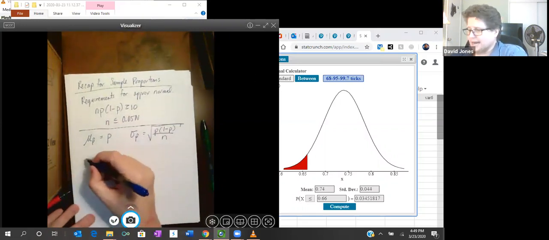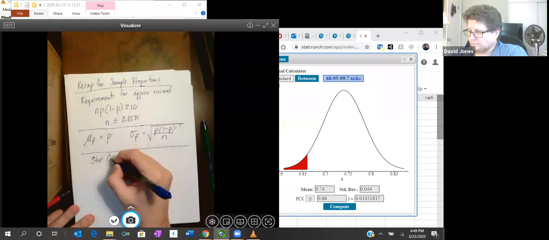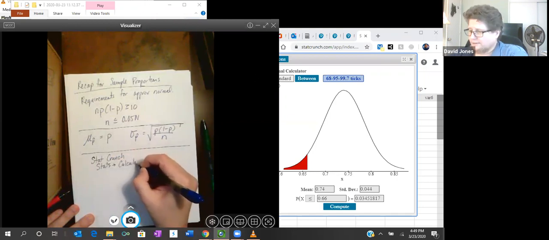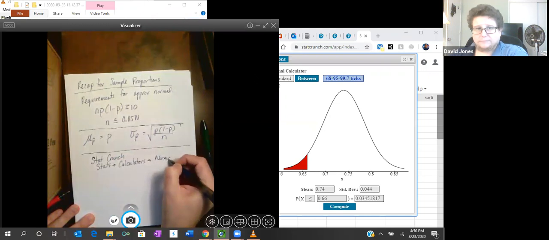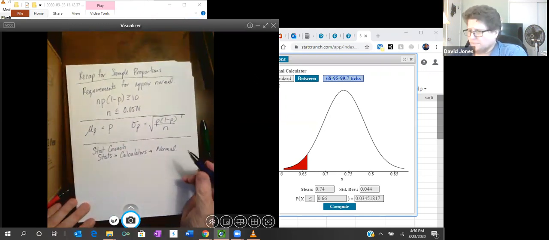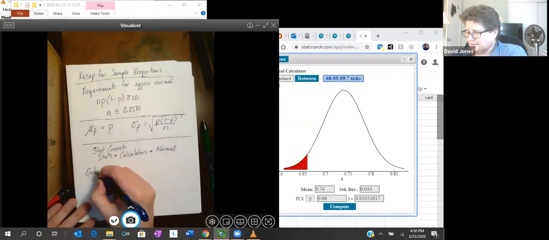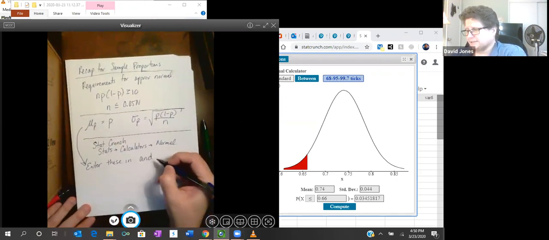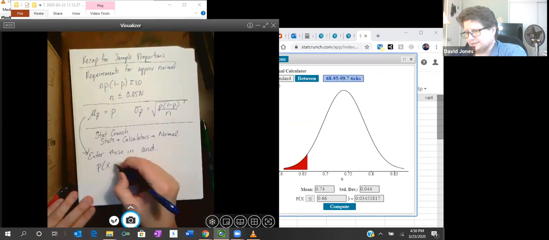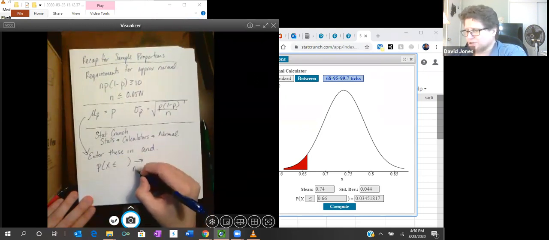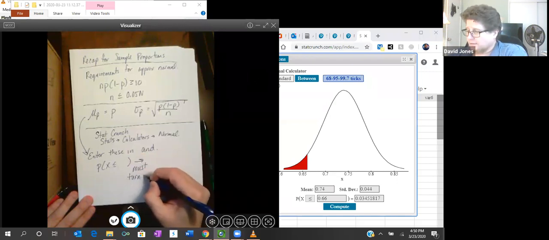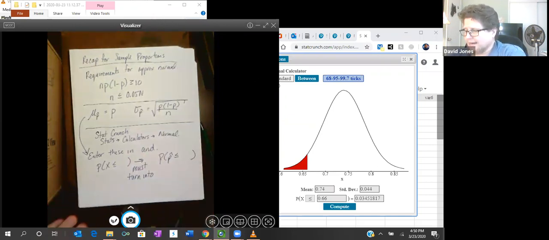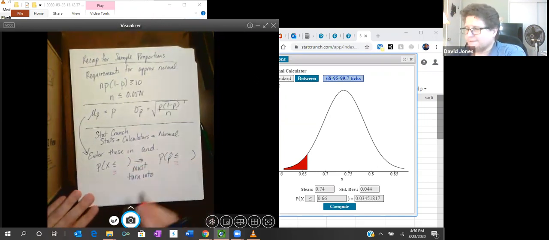We can use this in StatCrunch: stats, calculators, normal, enter in these 2, and p of x less than or so-and-so must turn into p of p hat less than or equal to, or we can have the greater than or equal to symbol, but you got to convert it to p hat.